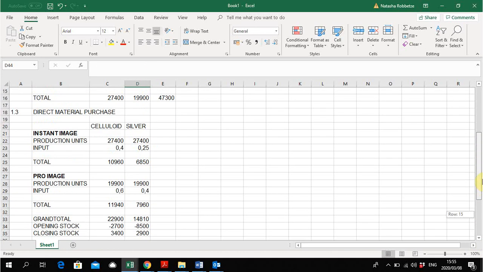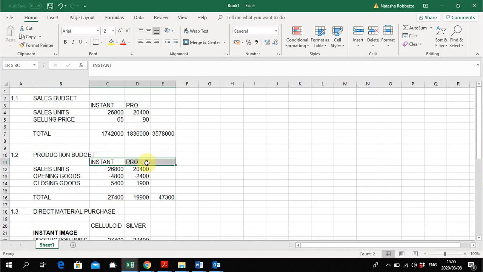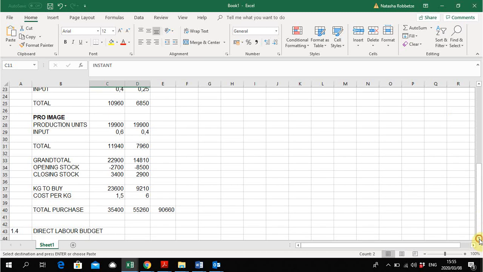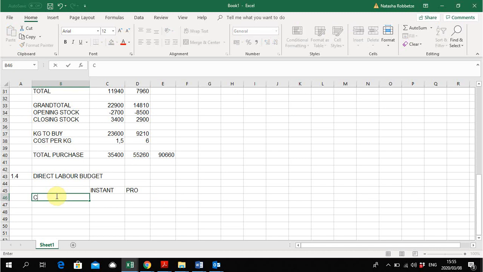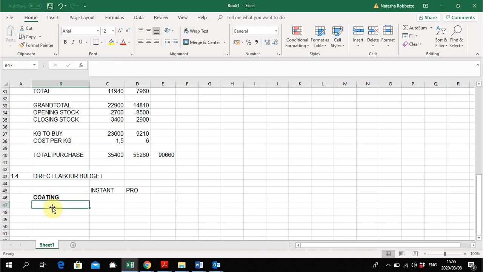And we have two departments now. I'm going to use my products as the columns. And the first department is coating. And there I'm going to say production units, input, cost, total.